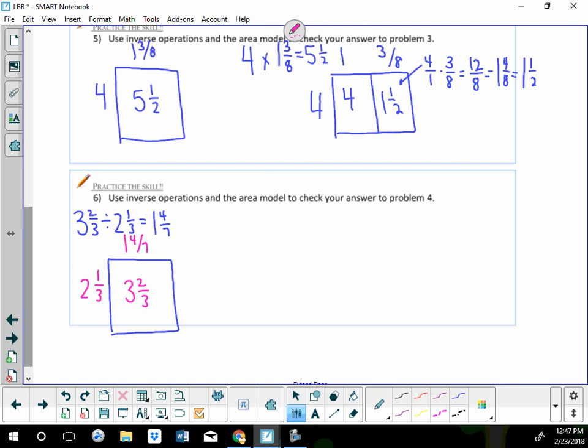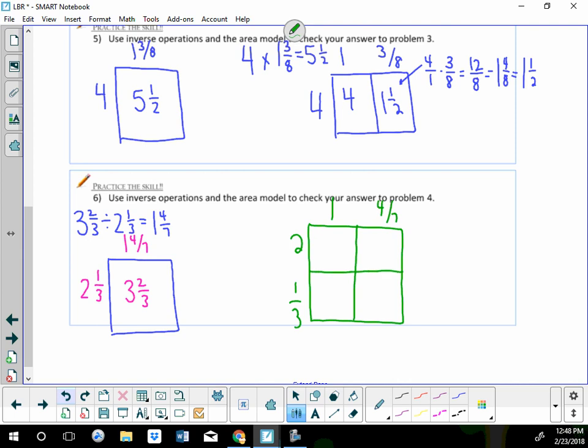So let's use multiplication to make sure that this is actually the case. Okay? So I'm going to multiply my factors together. So 2 1/3 times 1 4/7. So I'm just checking to see that if I multiply my two factors together, I do get my original starting value.